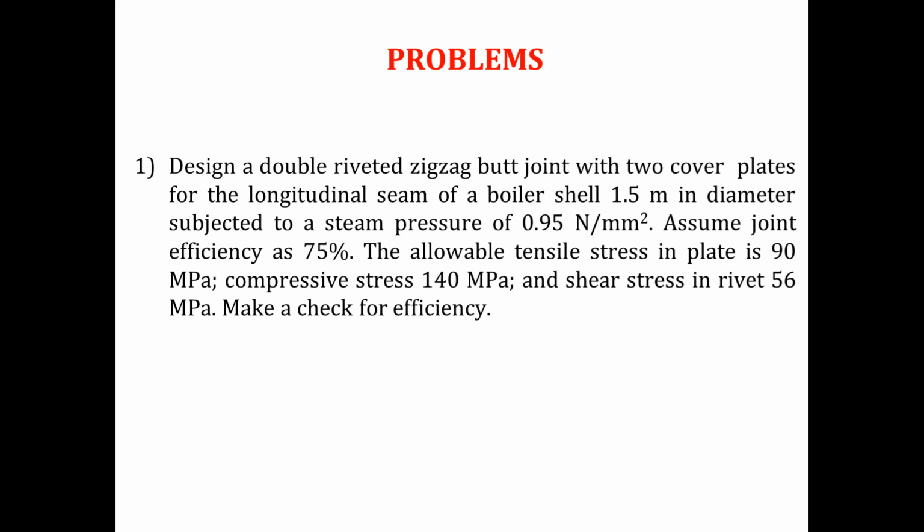Steam pressure capital P is given to you, which is 0.95 Newton per mm square. Joint efficiency is given to you, that is 75%, and sigma T, sigma C and tau are given to you. So firstly we will design all the specifications of this particular joint, and then we will find out the efficiency of the joint. Is the question clear to all of you? Any doubt in understanding the question?